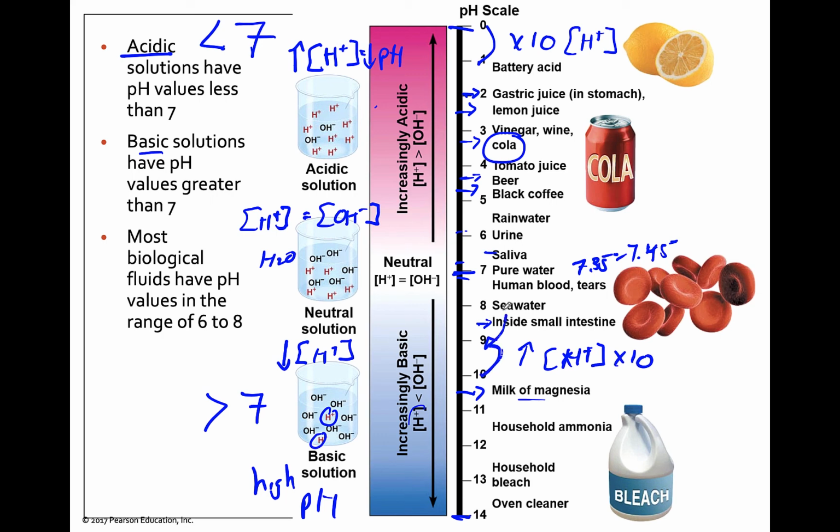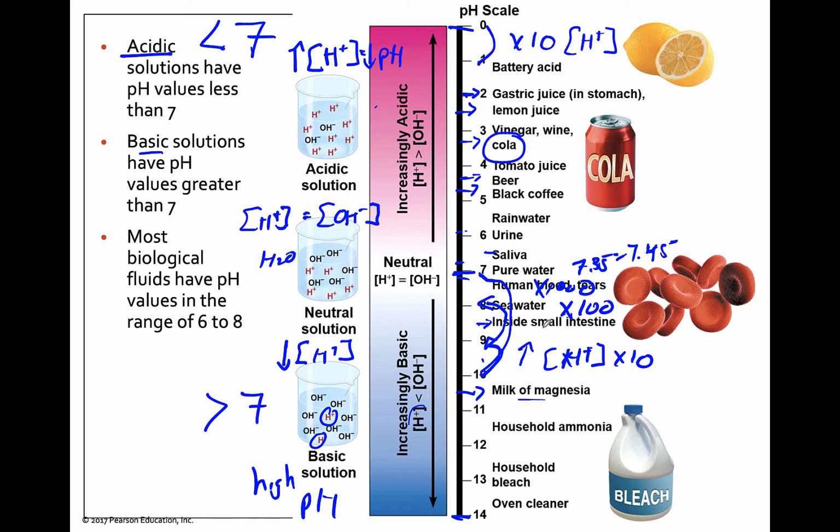When we go from 10 to 8, that's 2 steps, so the increase in hydrogen ion concentration is times 100. 10 to 7, that's 3 steps, that's times 1,000. So every step on this ladder basically is a 10 times increase. And if you go up 2 steps, it's 100. 3 steps, it's 1,000. 4 steps, it's 10,000.